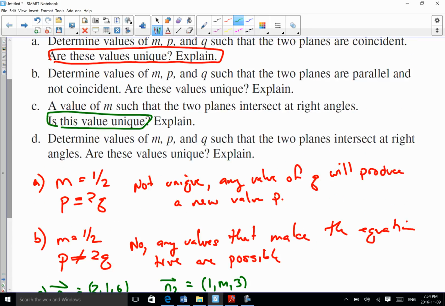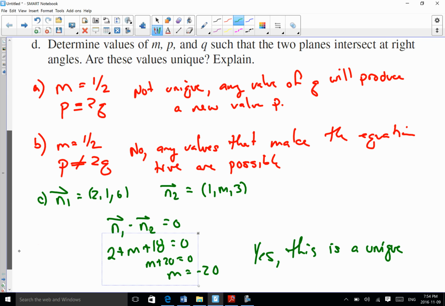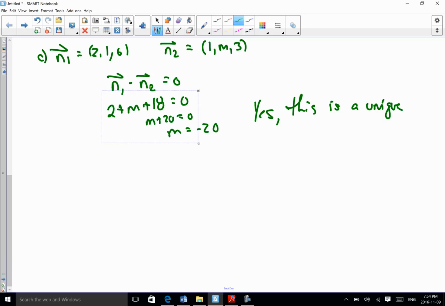Okay, last one. Determine values of m, n, p, and q such that the two planes intersect at right angles. Are these values unique? Well, we already know the value of m that makes this true. The question we have to ask ourselves is, do the values of p really matter? m has to be -20 because the dot product still has to be true.